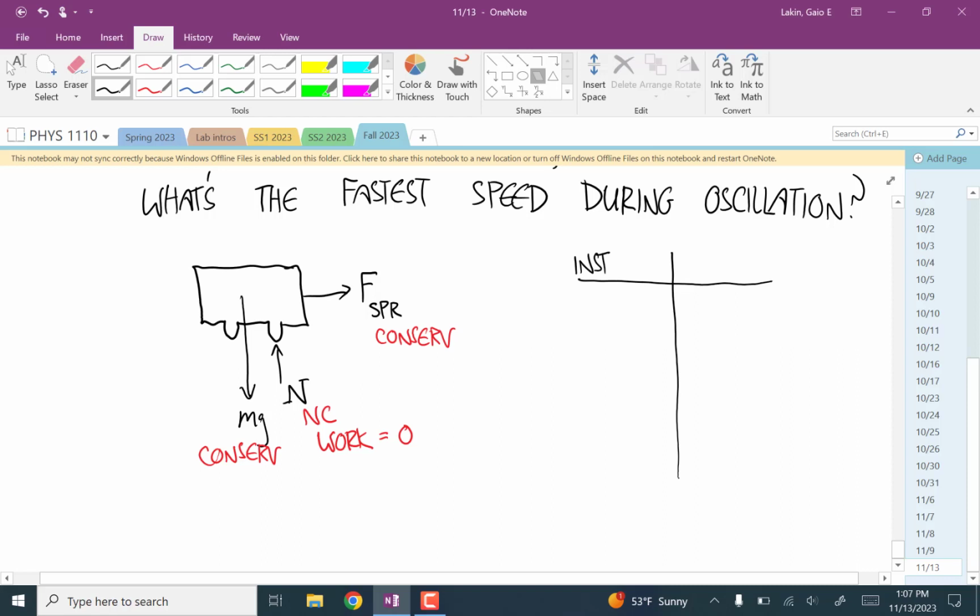So instant 1 is going to be when it's released. Instant 2 is going to be at some arbitrary position. Okay, so we're just going to represent its position with variables. Okay.